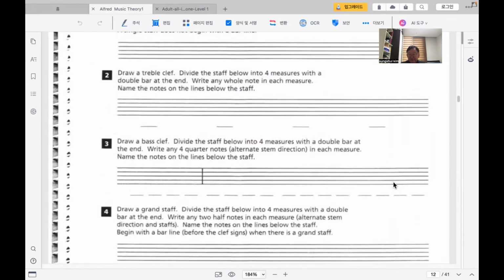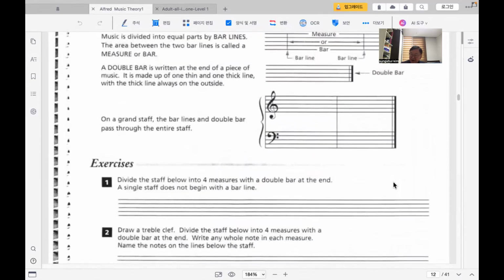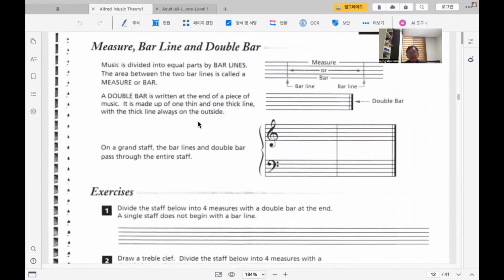Just review. You need to get used to the bar line. If you know this, your musical knowledge is amazing. When you go to bed, just look at the ceiling.